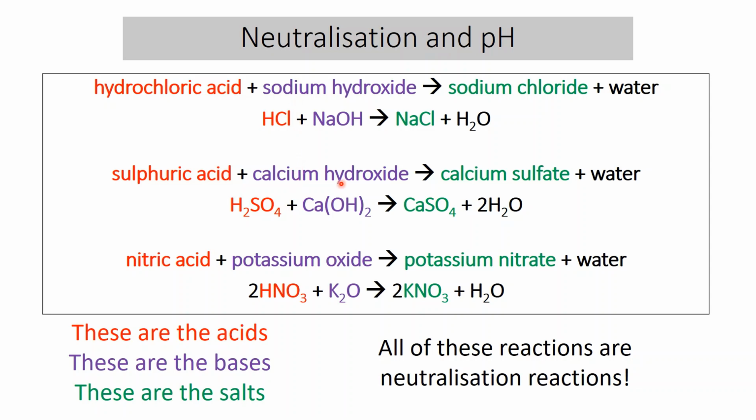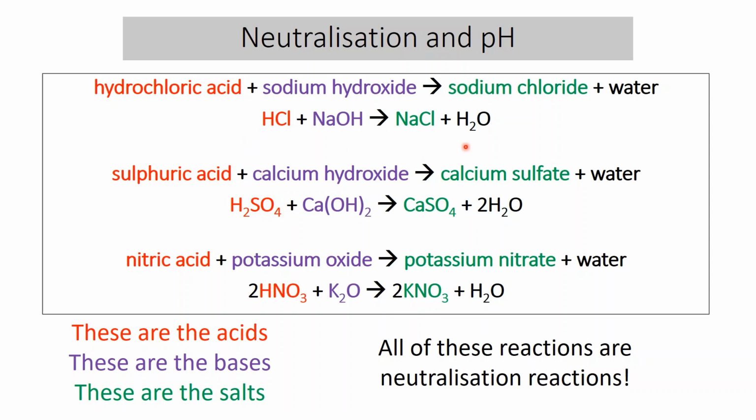They're called alkalis because they dissolve in water to form hydroxide ions. The salts are in green: sodium chloride, calcium sulfate, potassium nitrate, and the formula are written underneath. Well done if you got those all right.